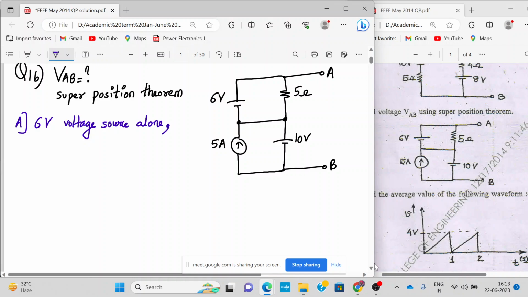They will be deactivated. If it is a current source, replace it by open circuit. If it is a voltage source, replace it by a short circuit. Let me redraw the circuit. This will be open circuited and this will be short circuited.